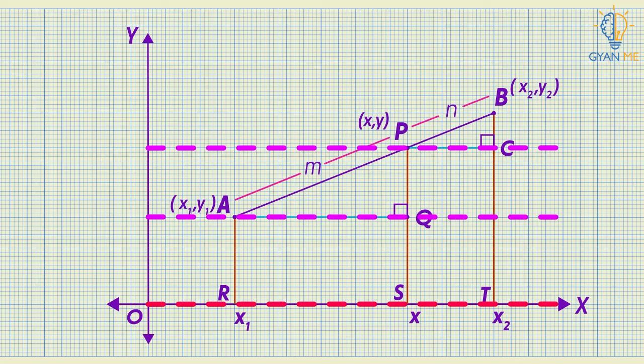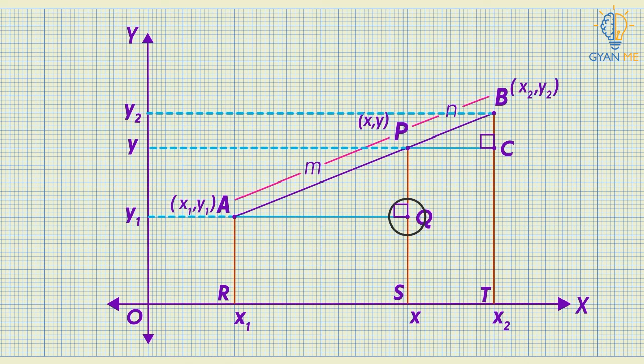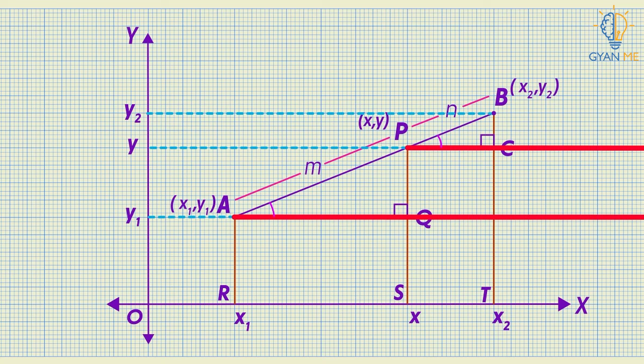Observe that in these triangles, angle Q and angle C are right angles, and angle A and angle P are corresponding angles for two parallel lines AQ and PC and their transversal AB.